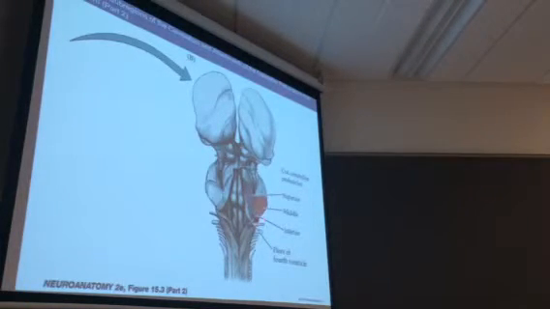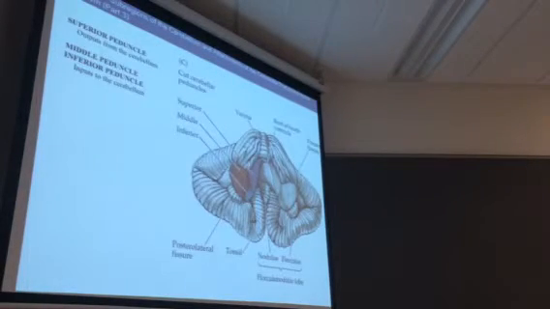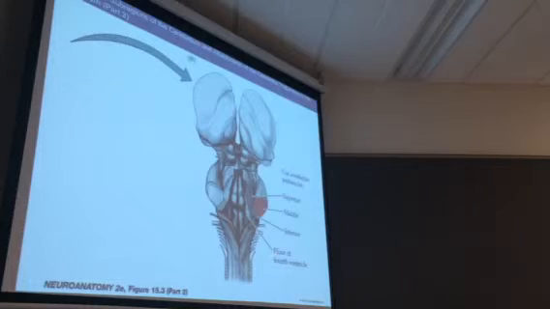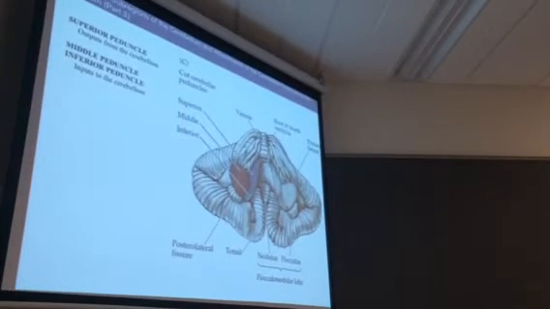The inferior is actually slightly inferior. These connect the cerebellum to the pons. Here they are, in here we have the cerebellum that has been cut away. So here are our three peduncles.